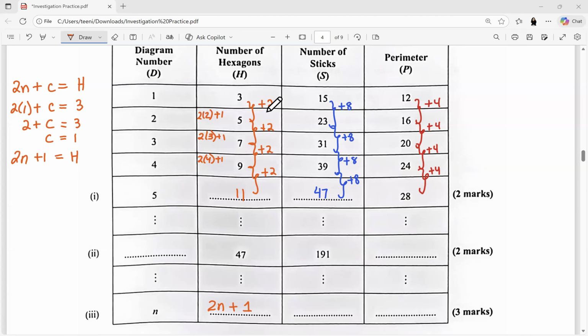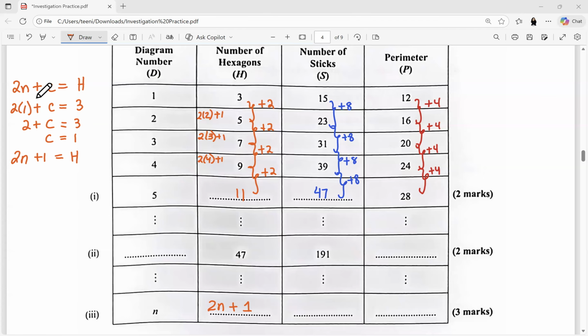So we assume that it's a linear relationship, meaning that you're going to get some kind of linear equation where it's 2, the common difference, multiplied by the diagram number, plus some value c, gives us the number of hexagons. So we write that 2n plus c is equal to h.